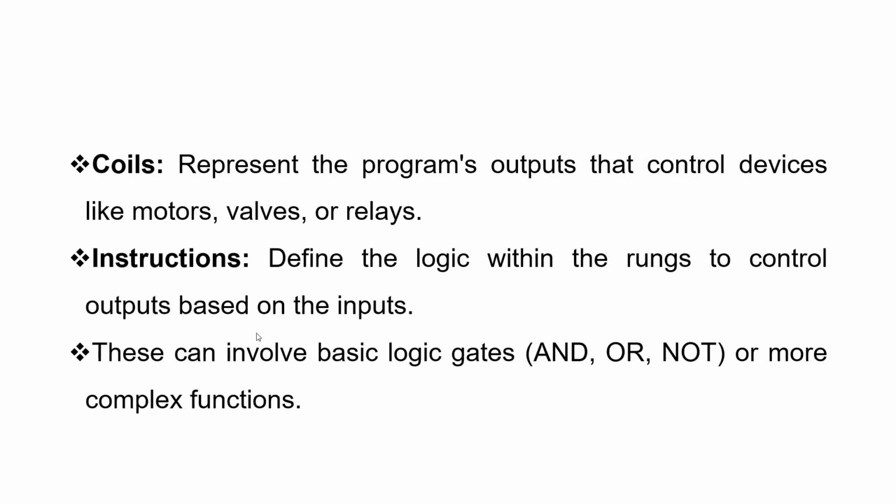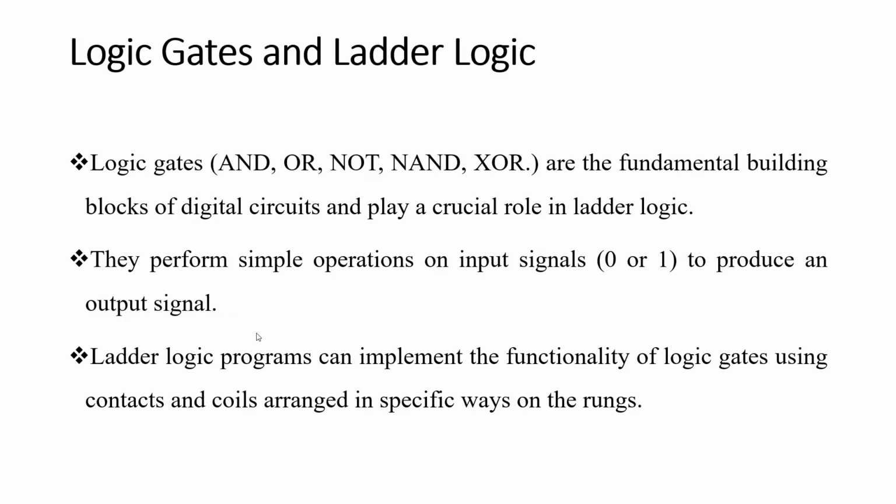Then we have other components within ladder logic. The coils represent the program's outputs and control devices, like we already said. The instructions define the logic within the rungs to control the outputs based on the inputs. These can involve basic logic gates, AND, OR, NOT, and so on. Logic gates and ladder logic are analogous to each other.